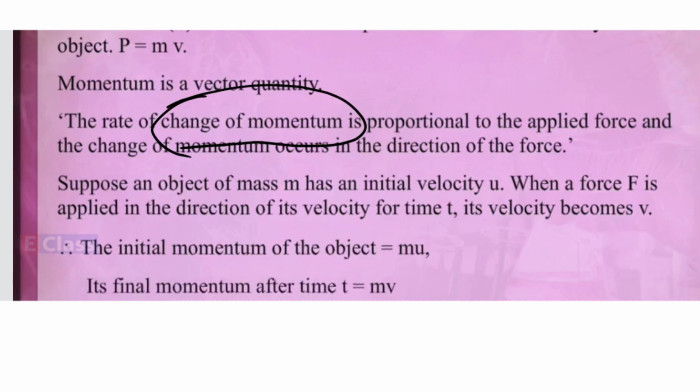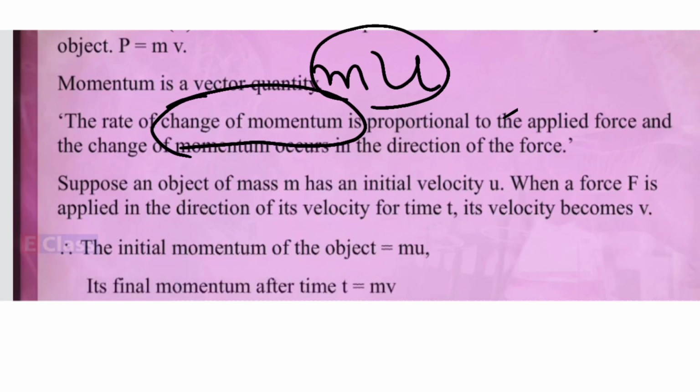As you know, we have the initial velocity as u and final velocity as v. What is momentum? Mass into velocity. So the mass of the object doesn't change, right? It remains the same. So the initial momentum will become mu and final momentum becomes mv.